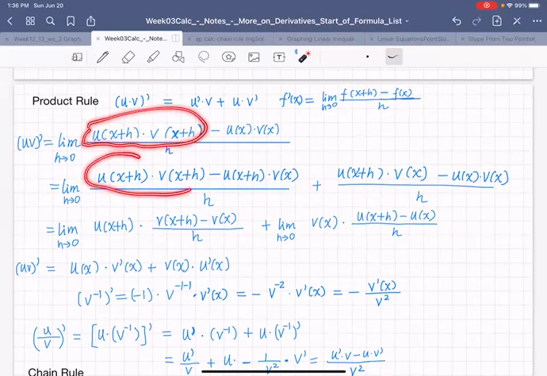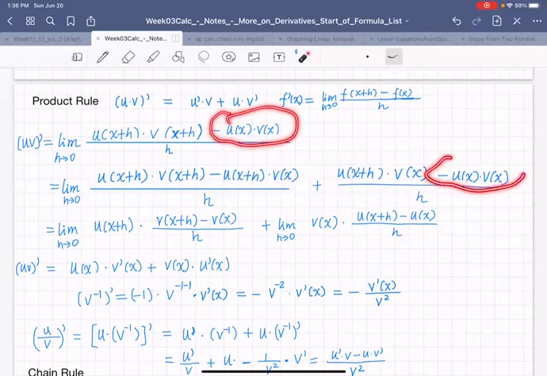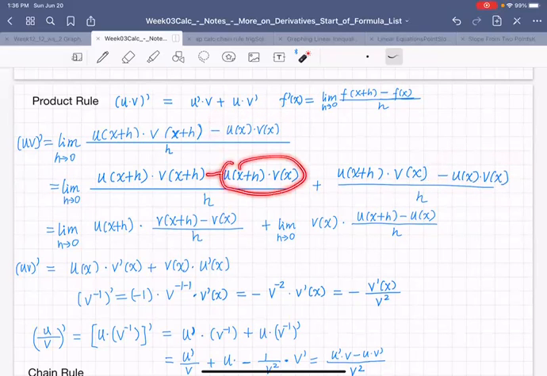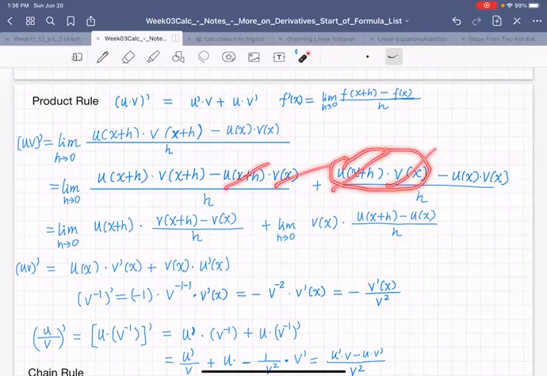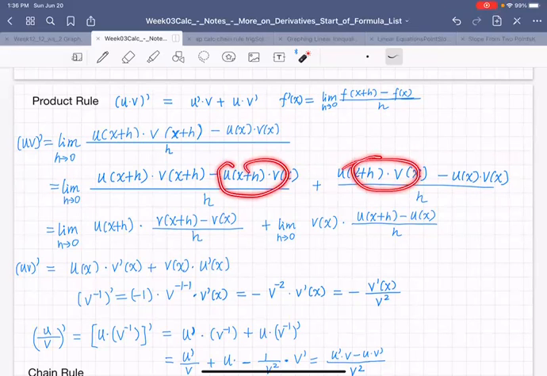This guy and this guy are the same. This guy and this guy are the same. Minus this plus this. They cancel each other, correct? Yeah. Okay. Now, we did these manipulations because when we see here, they have the same factor.